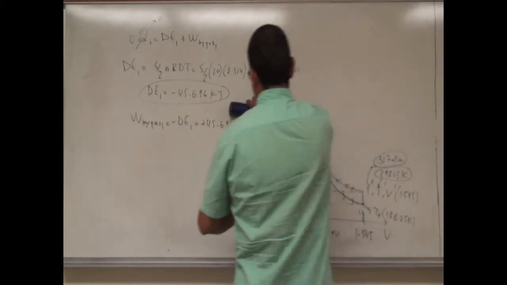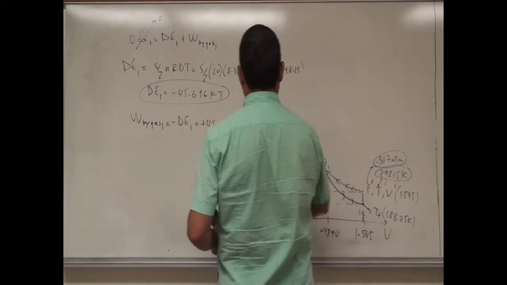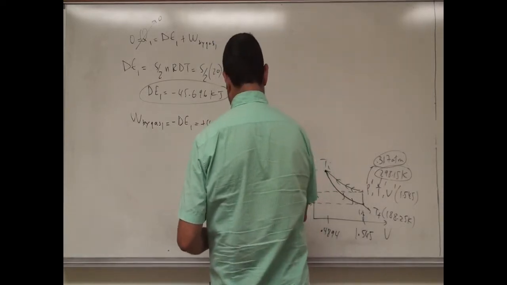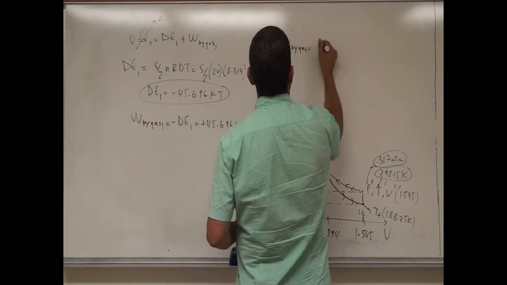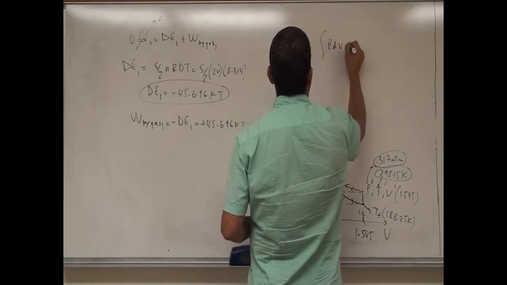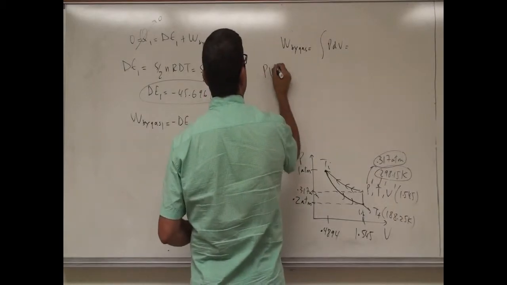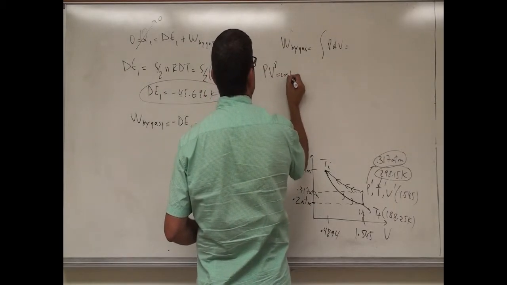So let's erase this portion. Work by gas is equal to the integral of PdV, and PV to the gamma is a constant, right?